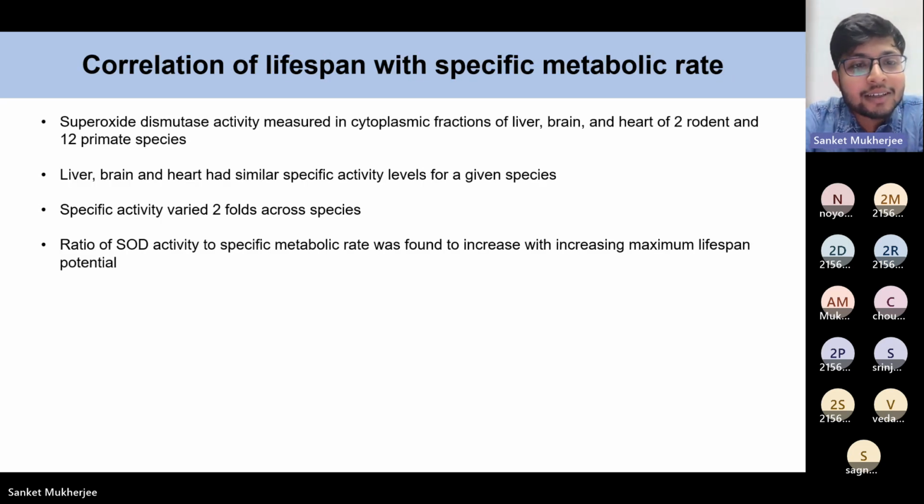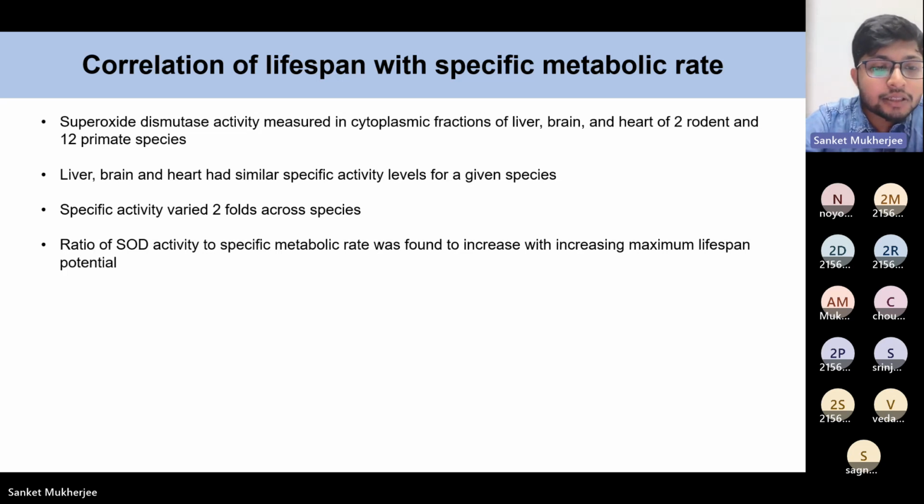Anyway, let's see some papers regarding the correlation of lifespan with specific metabolic rate. We have already read a few papers where superoxide dismutase activity levels were seen in different tissues. We see that SOD levels decrease with age, that we have seen.